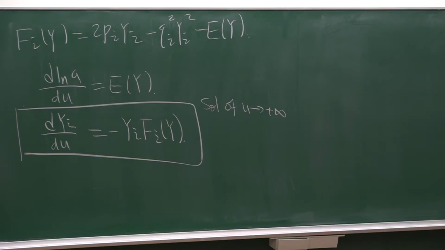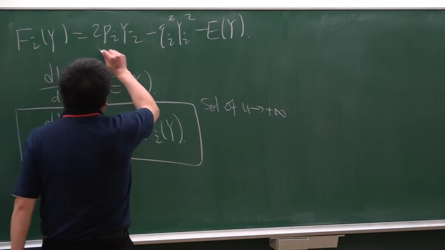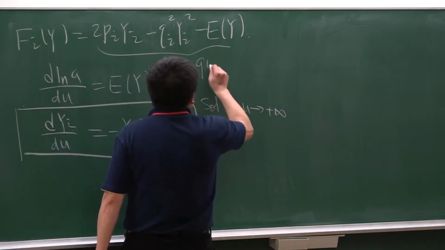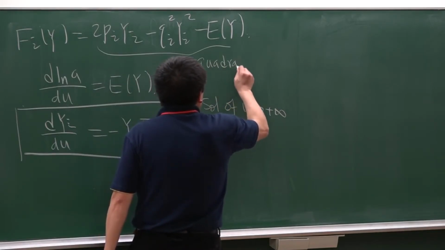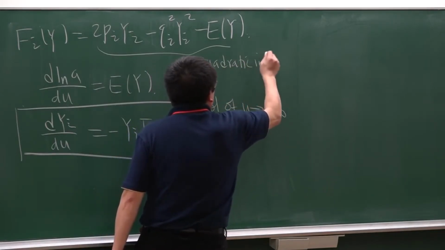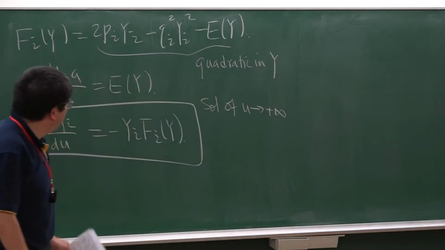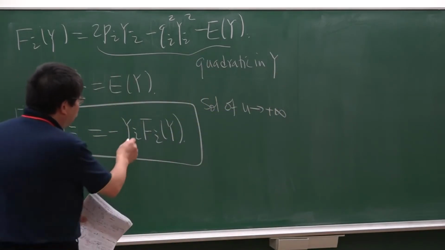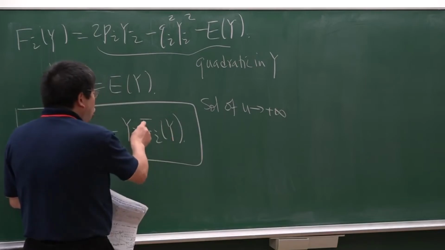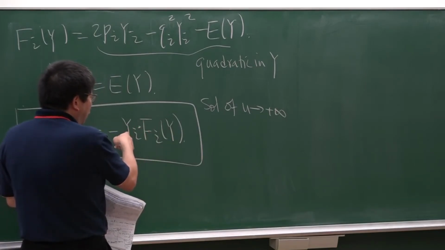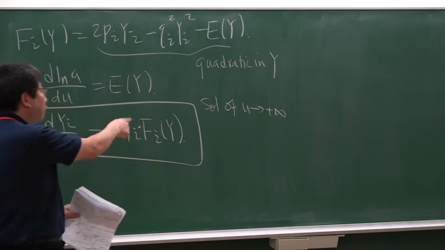So another thing here is this equation now is not so bad because it is quadratic. Also, although the total is a third order in y, this factor yi is factored out.